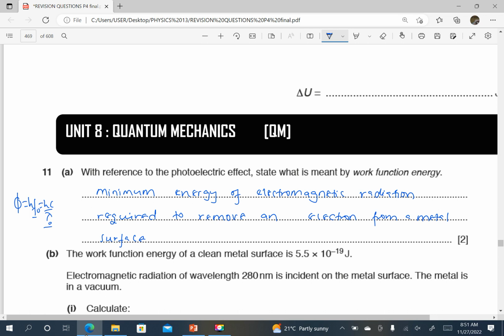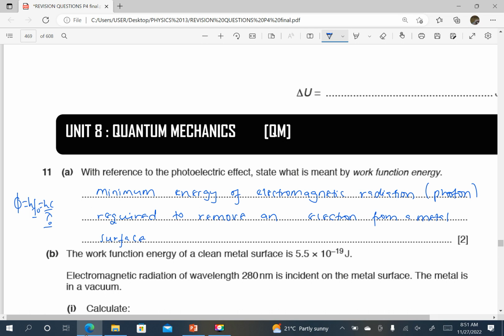The minimum energy of electromagnetic radiation, or you can say minimum energy of a photon, because after all, photons are electromagnetic radiations. The minimum energy of electromagnetic radiation required to remove an electron from a metal surface is what we call the work function.